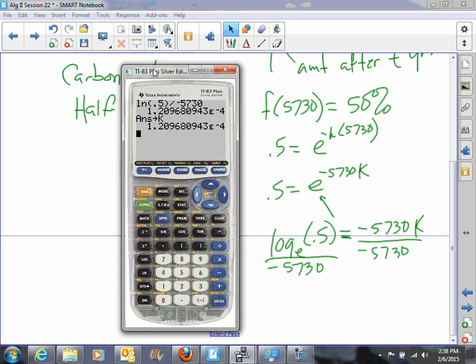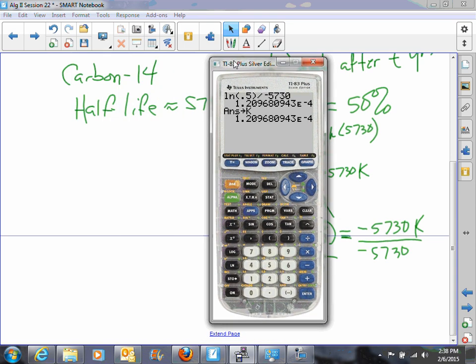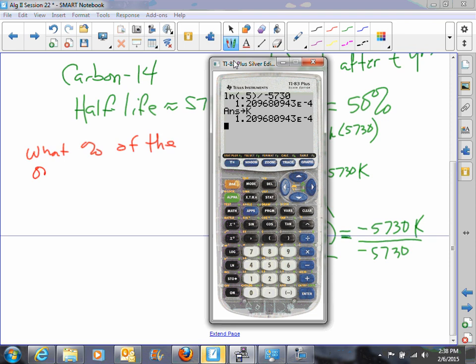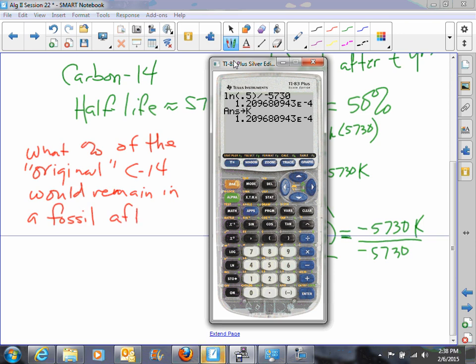Now we can ask several questions. Let's change this: what percentage of the original carbon-14 would remain in a fossil after 10,000 years?